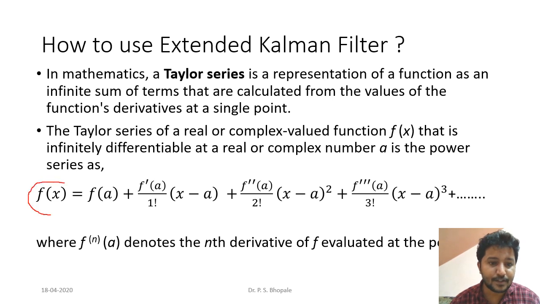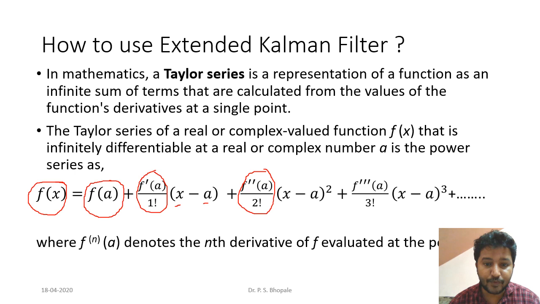Any function f of x, as you can see in this figure, can be represented as the function value at point a, plus its first order derivative times the difference x minus a, then the second order derivative over 2 factorial times the difference squared, and again the third order derivative, fourth order derivative, and so on. This infinite sum of derivative terms, when added, represents the same function f of x.